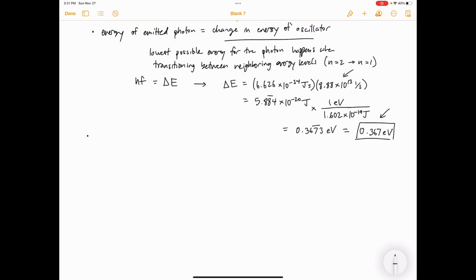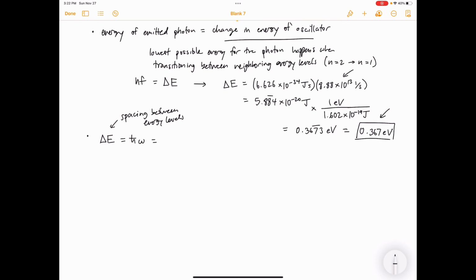So the next thing is we want to solve for k. That's like the force constant for the bond between the two atoms. So for this, we're going to write delta E is equal to h bar omega, where here what we're saying is the spacing between energy levels for our oscillator is equal to h bar times omega, where omega is the frequency of our oscillator. How fast is it oscillating?